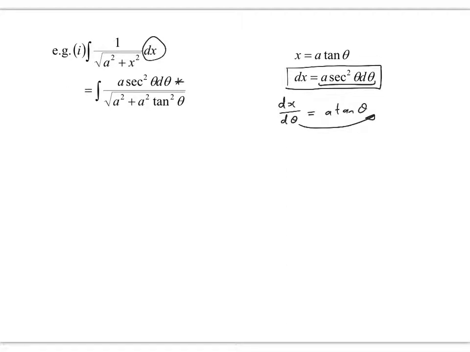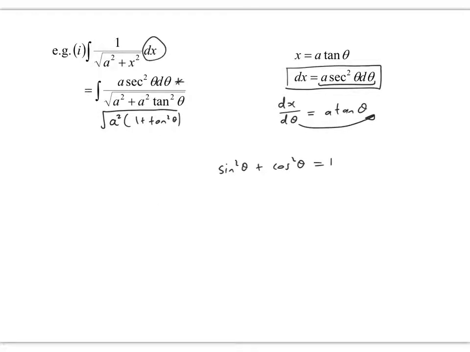And on your denominator, we have a squared plus the x value squared. Now, your denominator here is the square root of a squared brackets 1 plus tan squared. And remember our trig identities, sine squared theta plus cos squared theta is equal to 1.